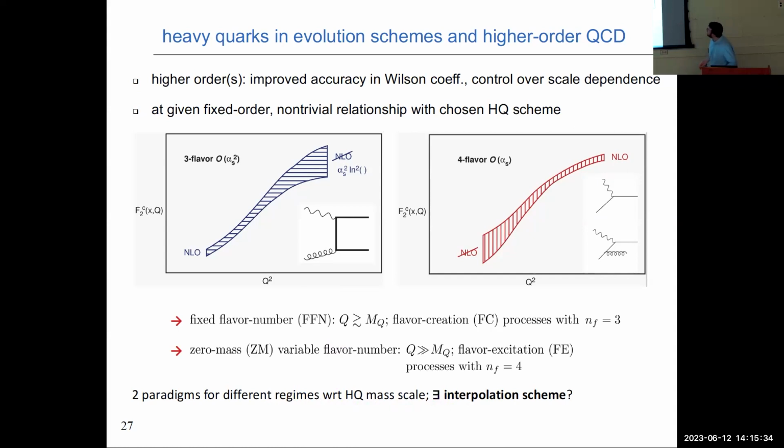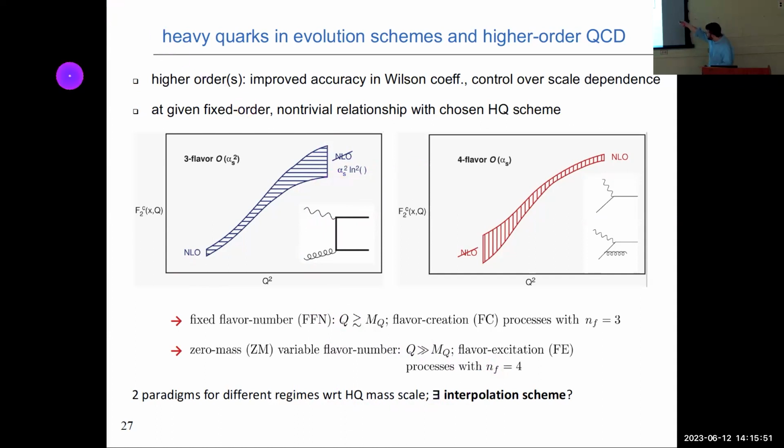We have one of the creators of one of the very commonly used ones at the back of the room at the moment. Where it's tricky is that if I'm doing this calculation at a given fixed order and fixing the number of flavors, things might work quite well at low scales, but as I go up to higher scales I have problems, and so I have to resum.